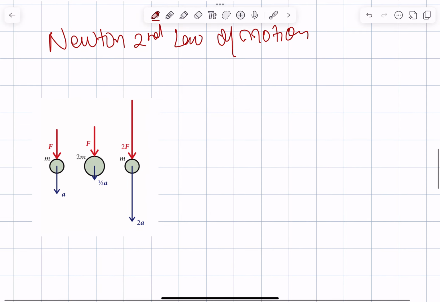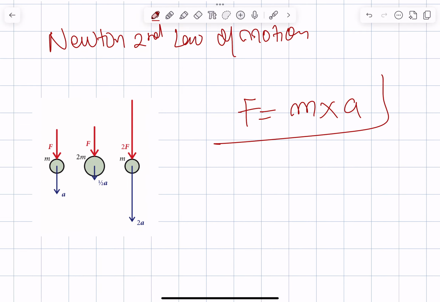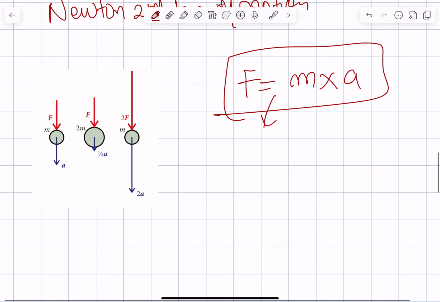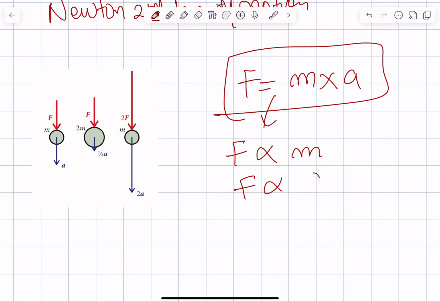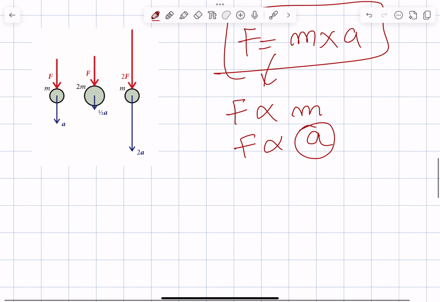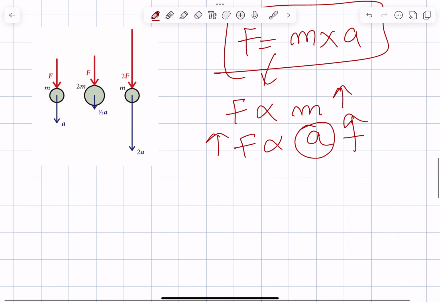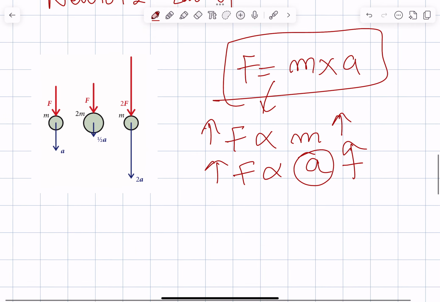Mathematically, Newton's second law of motion is force equals mass into acceleration. Force is proportional to the mass and force is also proportional to the acceleration. So the more the acceleration, the more the force, and the more the mass, the more the force. They are directly proportional.